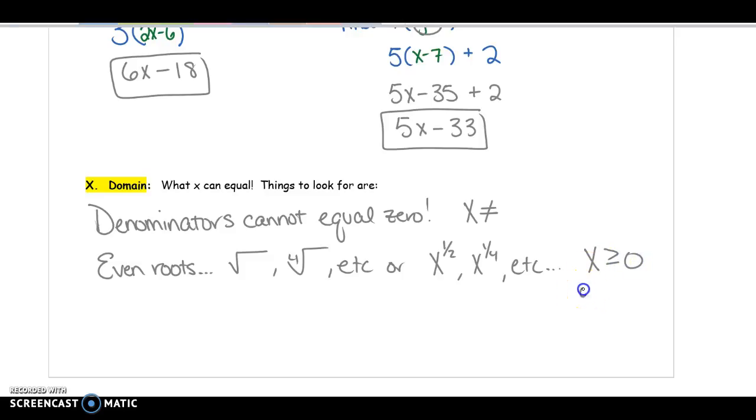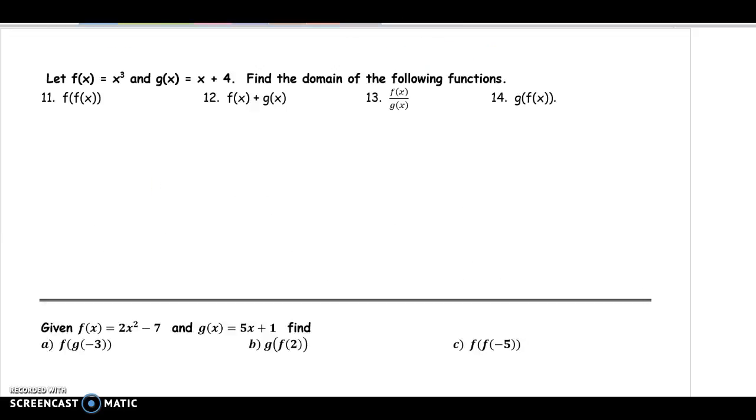That basically says that you can only use nonnegative numbers. We are going to do whichever function operation it says, and then we are also going to think about what the domain of our new function would be.